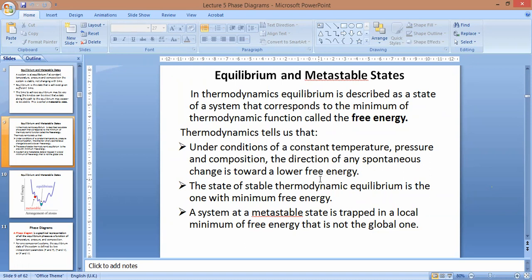And when you're producing under pressure to manufacture, your time is money basically, and you don't have the time to wait for hours. So usually alloys are attained at non-equilibrium states.